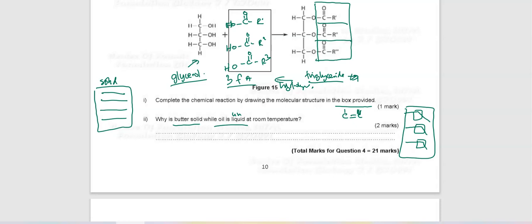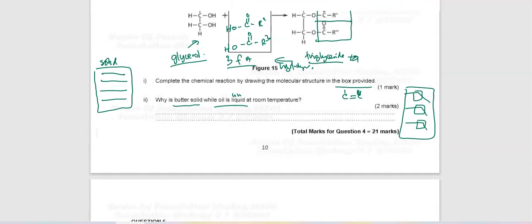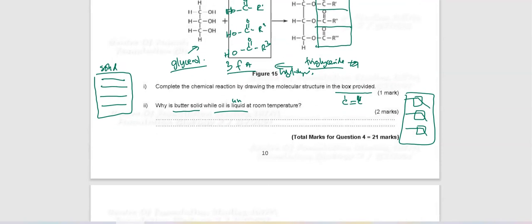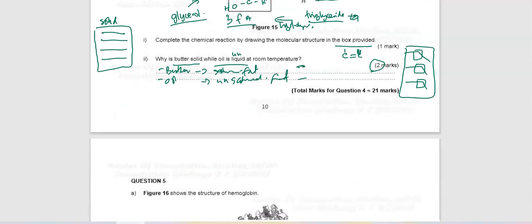So those are the answers that you can write for your answer. The question is worth only 2 marks, so you can give any 2 descriptions. For example, butter is saturated fat, oil is unsaturated fat. Simple answer there for you.